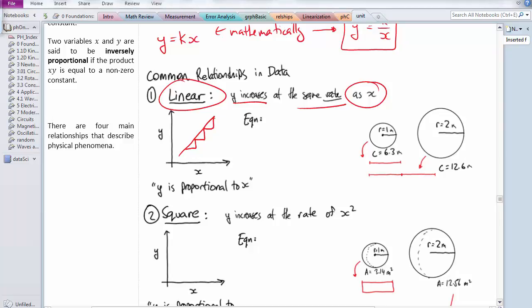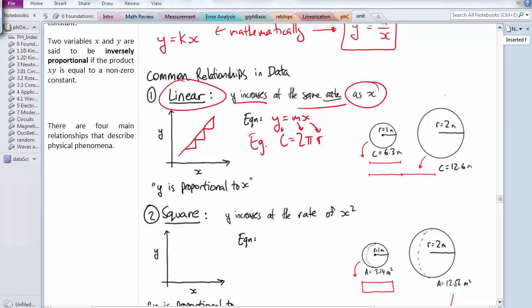The general equation for a linear line is y is equal to mx. An example of this is circumference is equal to 2 pi r, where r is the radius. So 2 pi would be our m, r would be our x variable, and circumference would be our y.